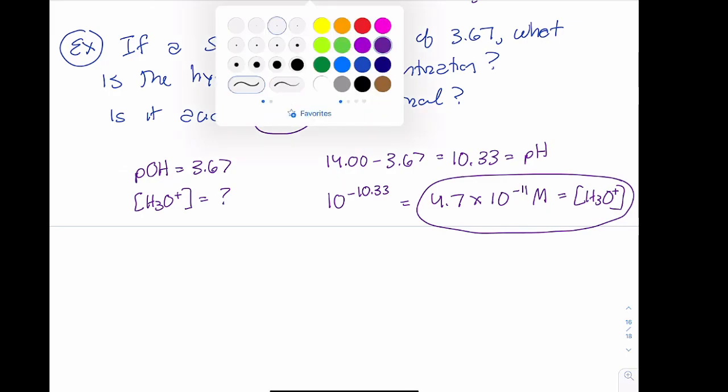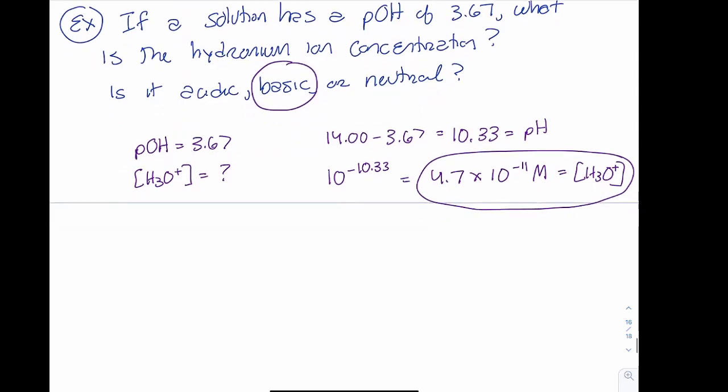Just real quick, if you wanted to do it the other way, I know that my hydroxide ion concentration is 10 to the negative 3.67. So I'm just grabbing my calculator again.